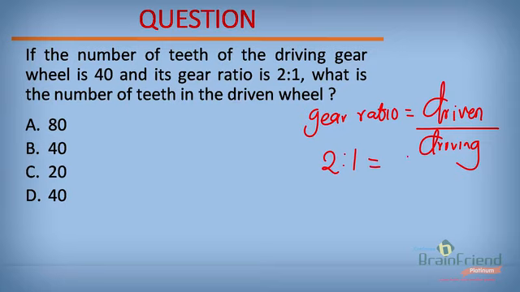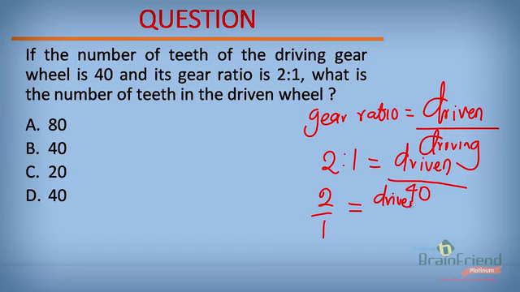over the number of teeth of the driving gear wheel, which is 40. So we have 2:1, which is 2/1 is equal to number of teeth of driven wheel over 40.